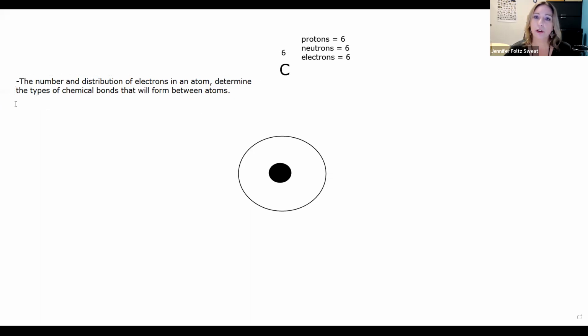Now, keep in mind here, carbon has 6 electrons. When we draw electron shells, they can hold a certain number of electrons. The first electron shell holds 2 electrons.